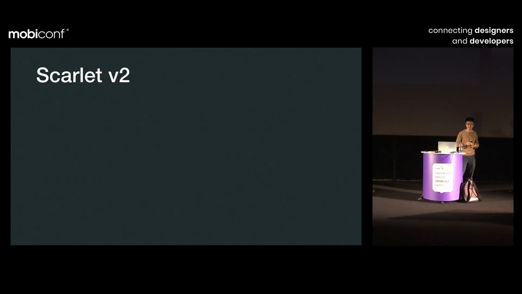Let's move on. Since Scarlet was released in June, we received a lot of feedback on GitHub. The most wanted feature is supporting more protocols. We are actually working on V2 to address this need.